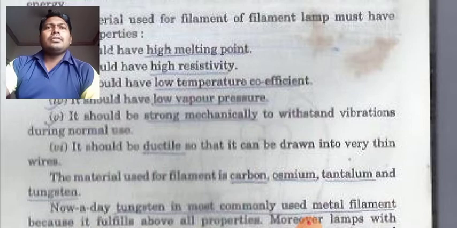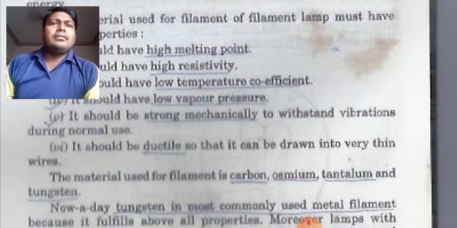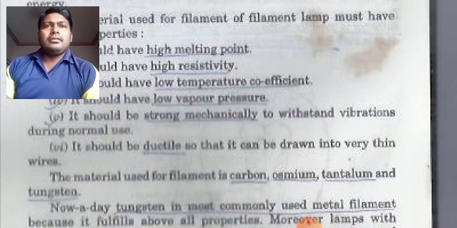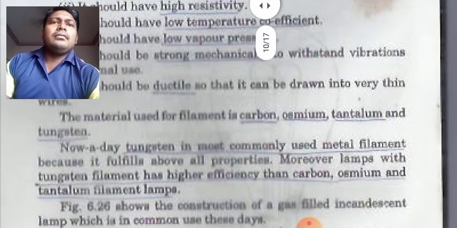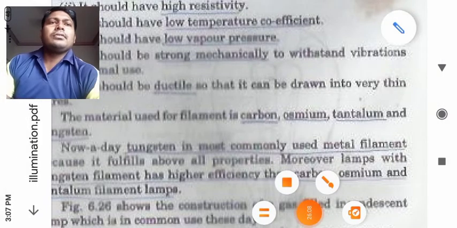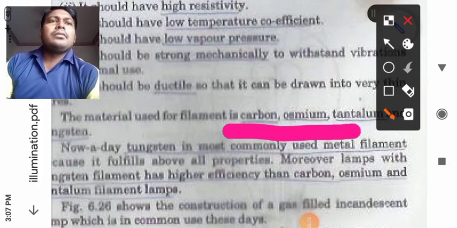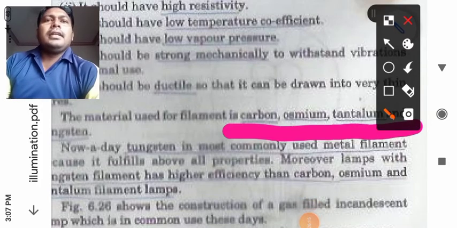Because it is already a strong material, by drawing it into a thin coil or thin wires, a lesser amount of the material can be used to make a filament of the lamp. The materials used for filament are carbon, osmium, tantalum and tungsten. So what are the materials used? You should remember, students: carbon, osmium, tantalum and tungsten.